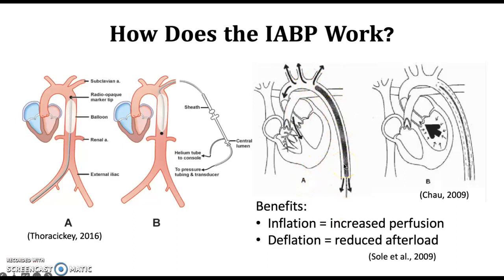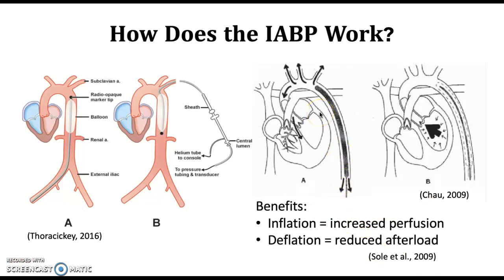So when the heart is filling with blood, the balloon inflates, and this displaces the blood backwards up into the coronary arteries like so, and also forward simultaneously, which leads to perfusion of the vital organs. So the benefit of the inflation is basically increased perfusion to the coronary arteries and to the other vital organs.